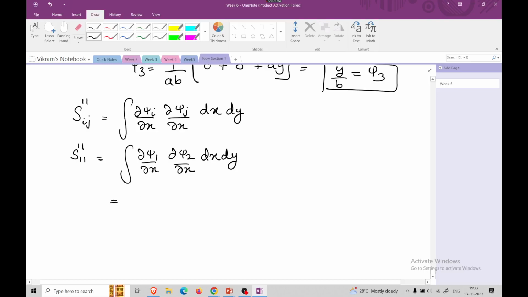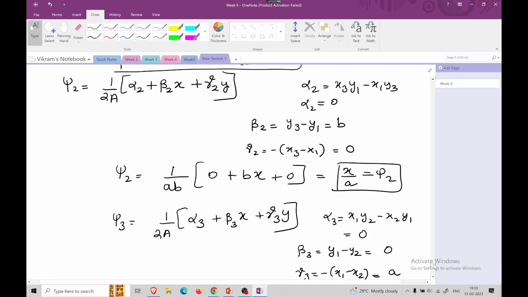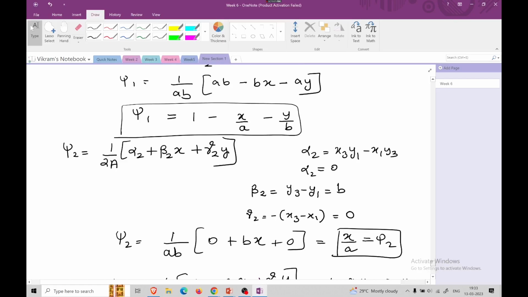So what is ∂ψ1 by ∂x? ψ1 is 1 minus x by a minus y by b. ∂ψ1 by ∂x is minus 1 by a, ∂ψ1 by ∂y is minus 1 by b.